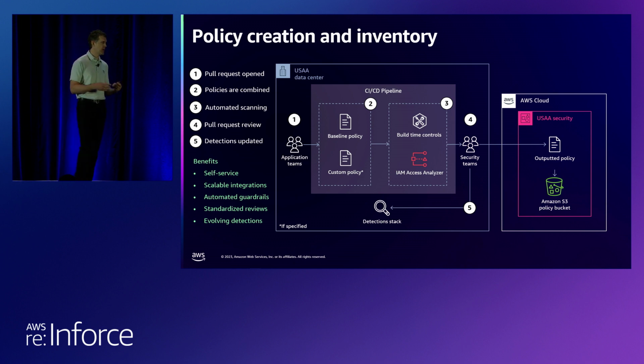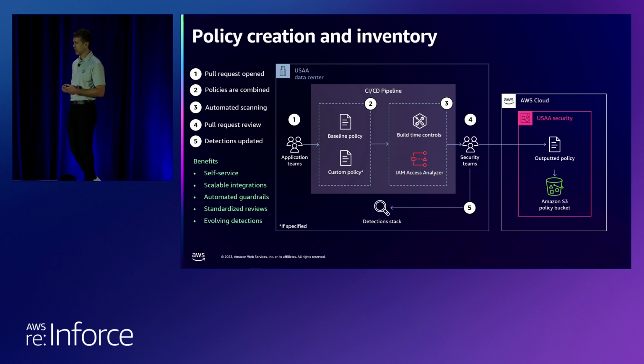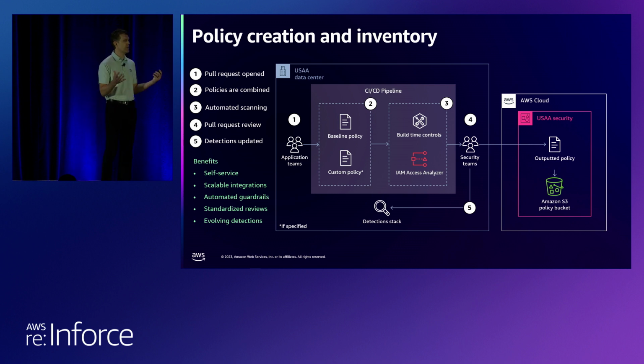As part of the pipeline, we actually combine that custom policy with the baseline policy. And that's really powerful because we can update a baseline in one place, say we're adding integration with a vendor or removing it, and that can be propagated out to every endpoint across the organization. So it really allows us to scale the integrations in and out as we need.